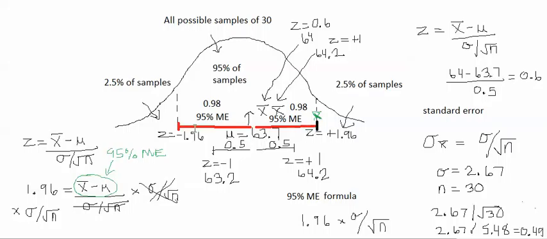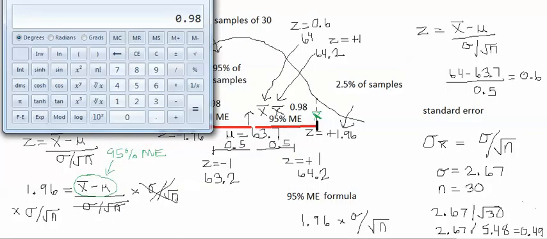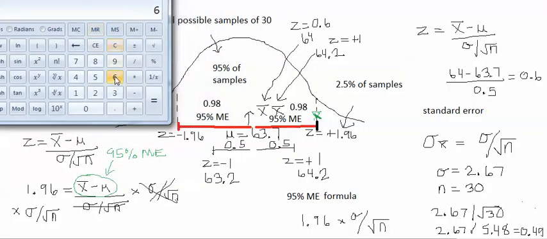If we wanted to find out what these boundary points actually are, it would be 63.7 minus the margin of error of 0.98. This boundary is a sample mean of 62.72. This one up here will be 0.98 above the population mean, which is a sample mean of 64.68.